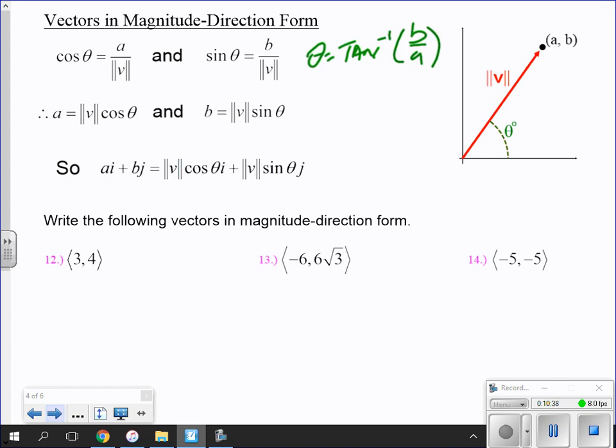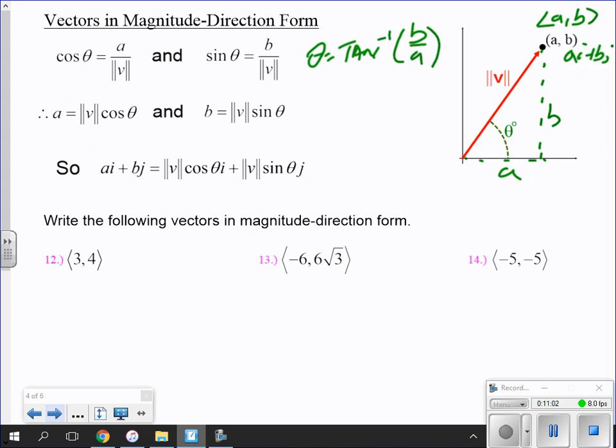Because what we're dealing with here is, here's our vector. This is our vector a, b, at the point a, b, and it's also the vector ai plus bj. What we want to do is break it down into its parts. We can think about this as a right triangle with this side a and this side b, and we can find theta from that.